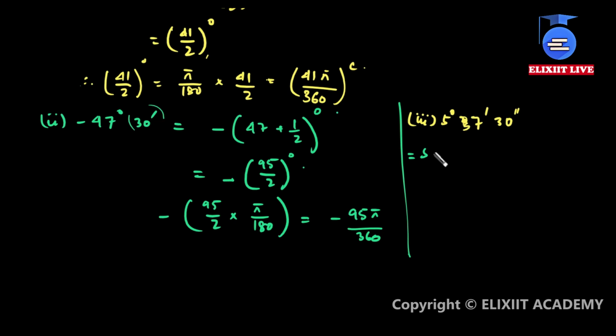So 5 degree, again the same logic. Write this as 5 degree plus 37 minutes plus 30 seconds.